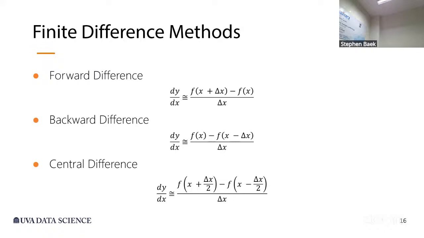The situation with the forward and backward difference is slightly better, but not terribly better, because again, you have to evaluate the function value at the forward point, and then subtract the value that you already know, divided by delta x.